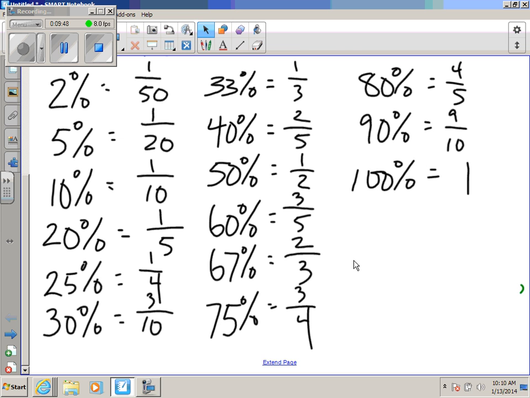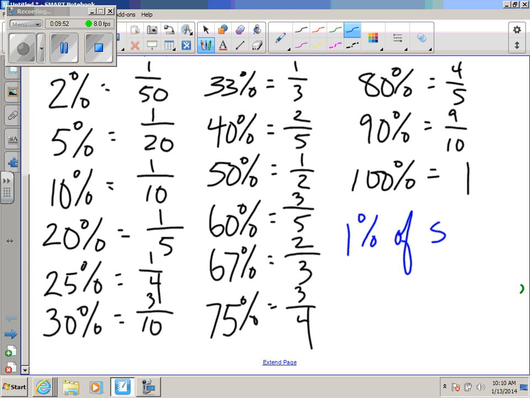1% of 512. Now, do we have a 1% fraction that we can use? We sure do. 1 over 100. Okay. Now, again, what do you notice about the denominator?